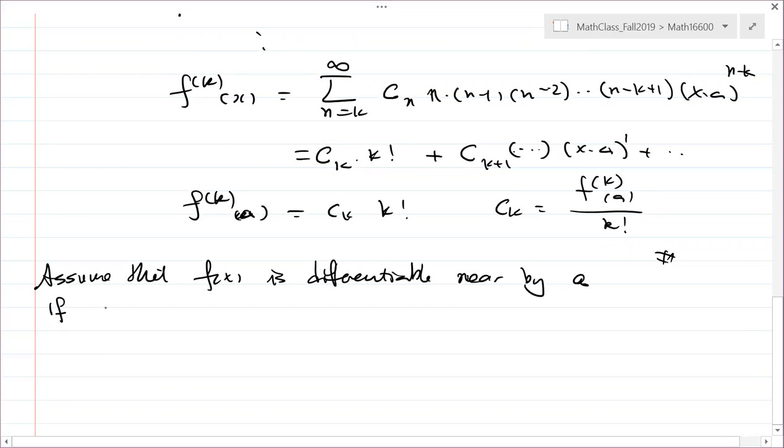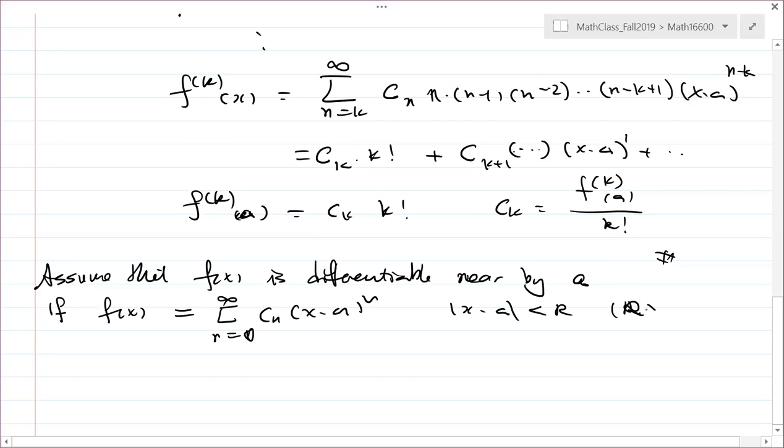If this has a power series representation in powers of x minus a for some r, then the coefficients are uniquely determined.